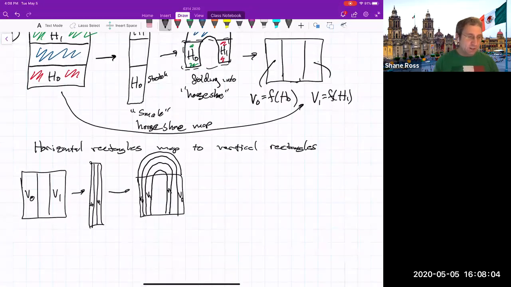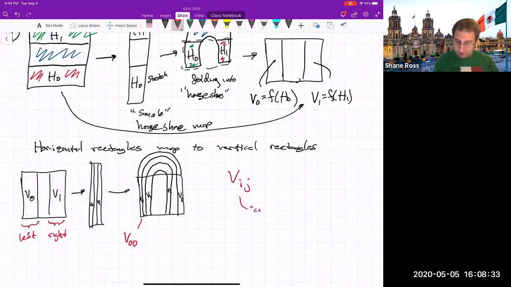We'll actually label these according to the current side that it's on and then the former side that it's on. So I'll label each of these. I'll label this V0,0, because it's currently on the left side. Think of 0 as left and 1 as right. So in V_ij, i is the current side and j is the former side.